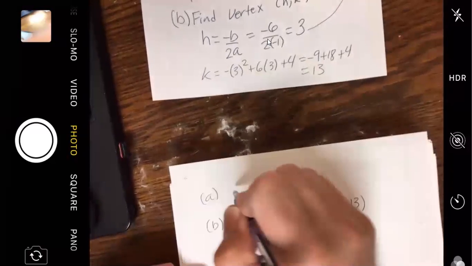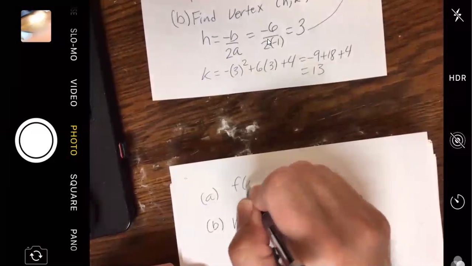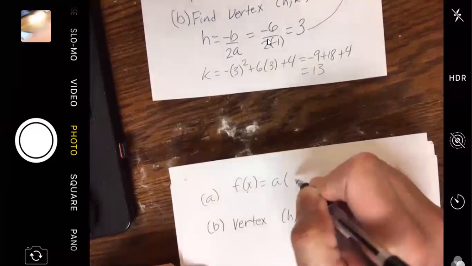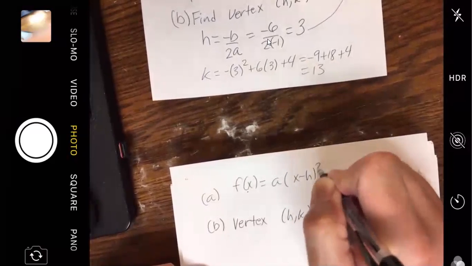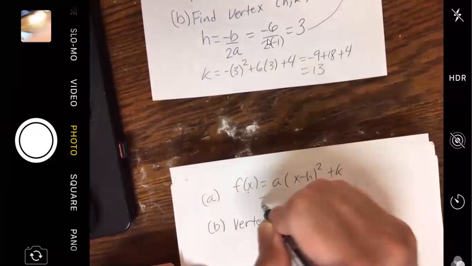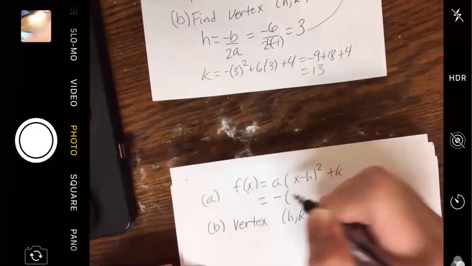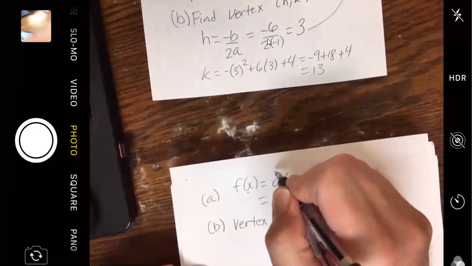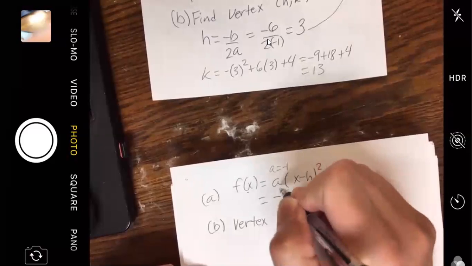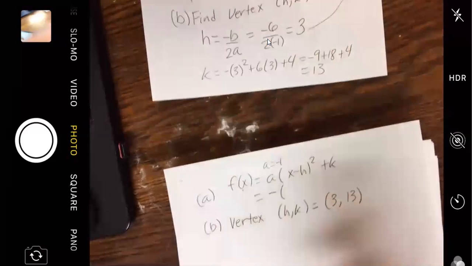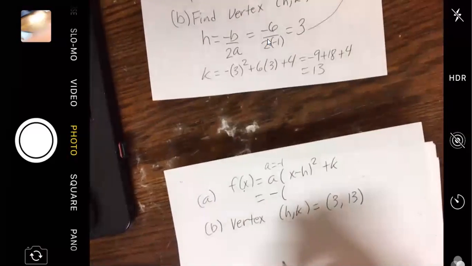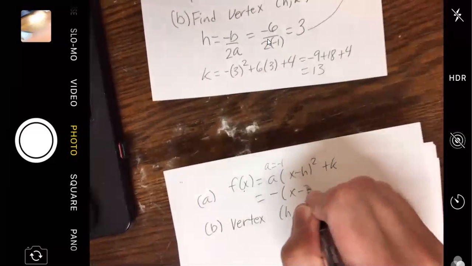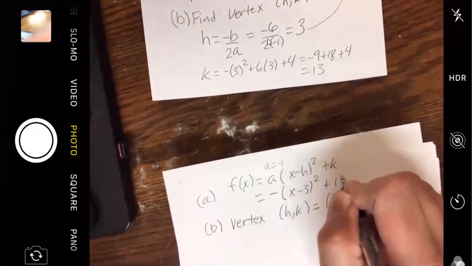In A, your standard form, f of x, a times x minus h squared plus k goes as negative. Your a is -1. The a is identical in both forms. So x minus 3, add 13.